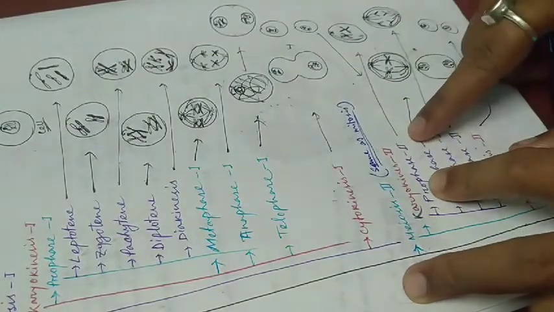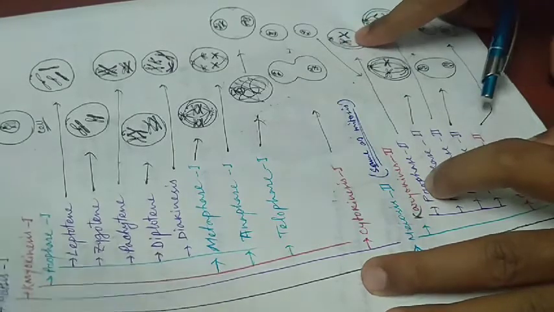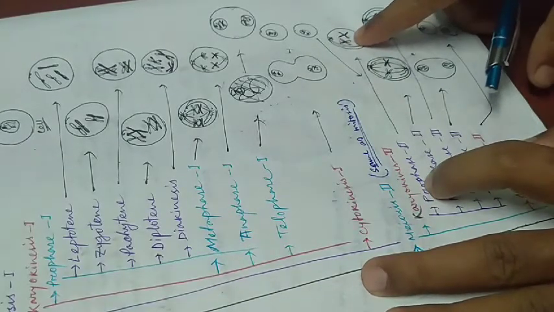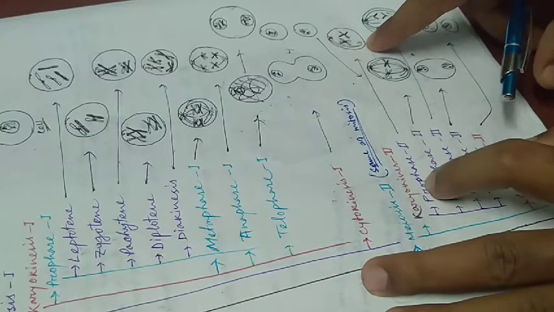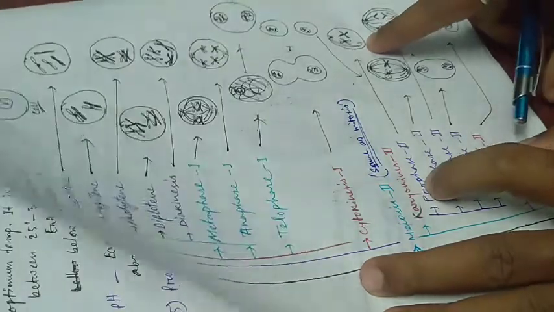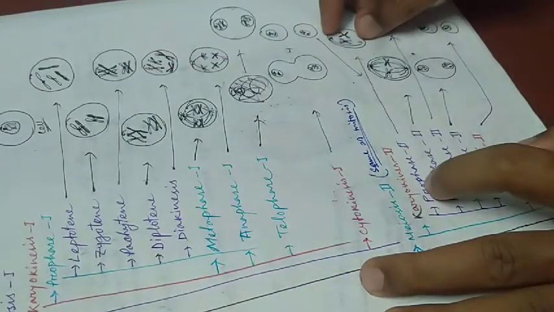In prophase 2, the nuclear membrane will disappear, the nucleolus also disappears, and the centrioles will divide and move to the poles of the cell.